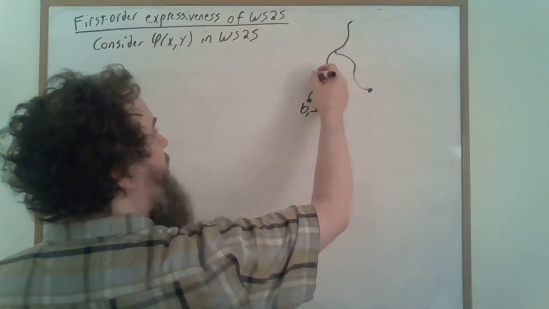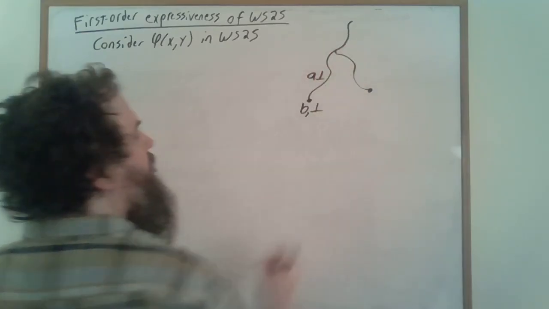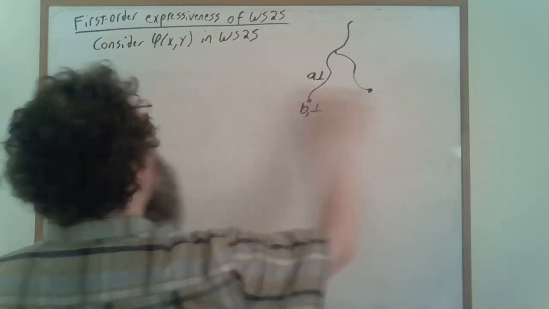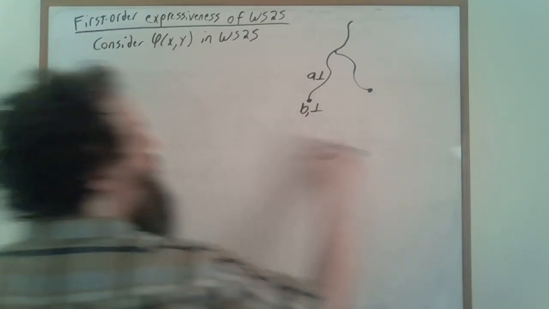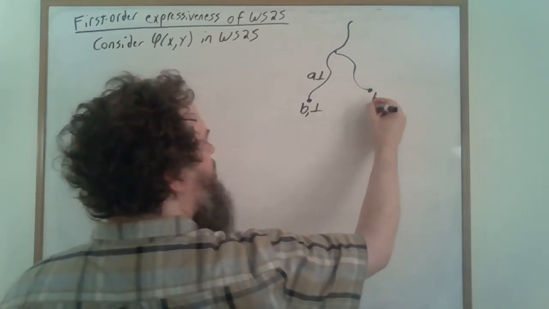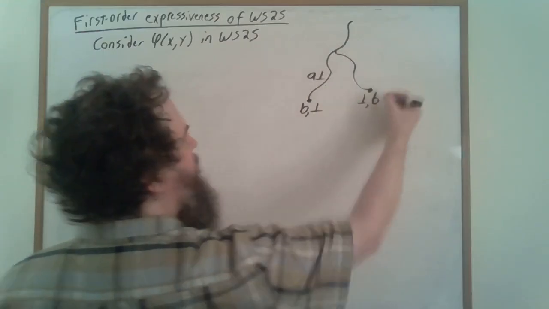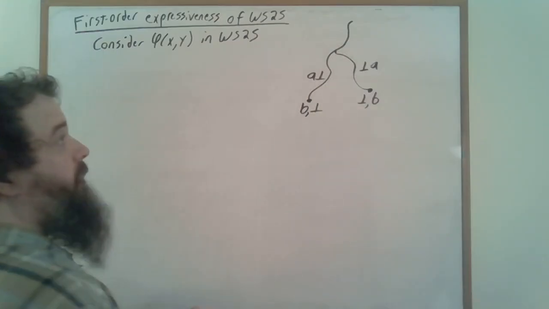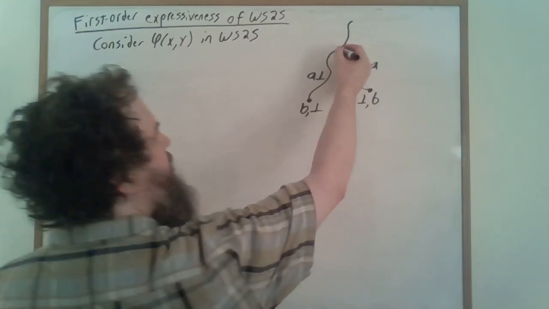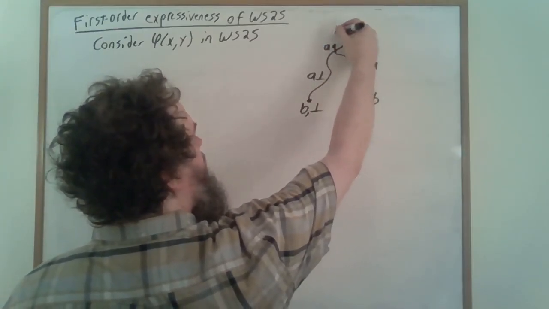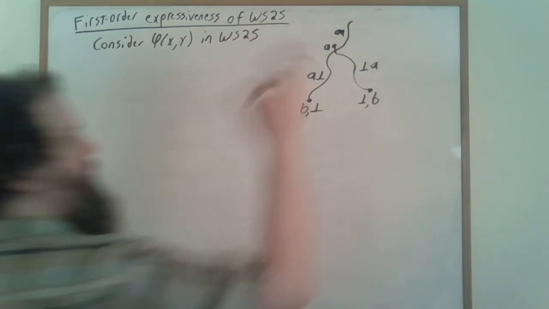Along this branch we'll have A's followed by bottom characters. This point here, let's say it corresponds to Y, we'll have a B in the second coordinate and a bottom in the first coordinate. All of the nodes along this branch will be of the form bottom A, and this node and everything above it will get an A, all the way up to the root.